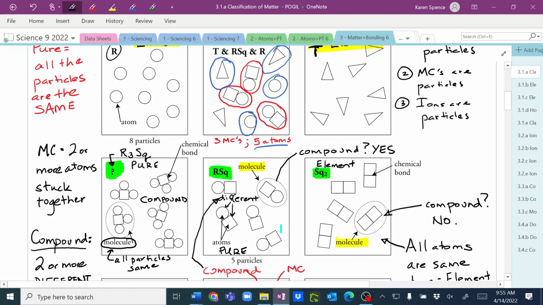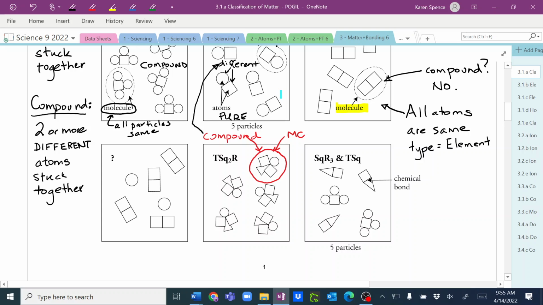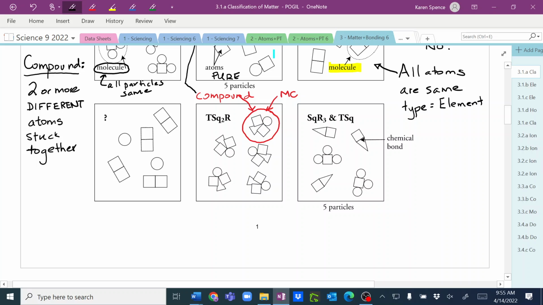Okay, yeah. All right, so this little number down at the bottom, so let's say we have R3SQ. This little number, yeah, this tells you how many of that type of atom in the molecule.